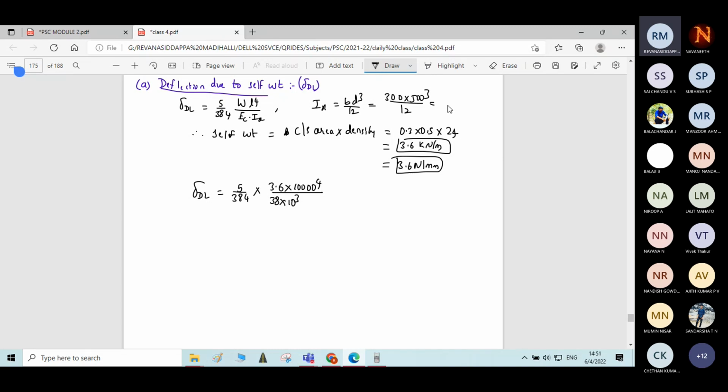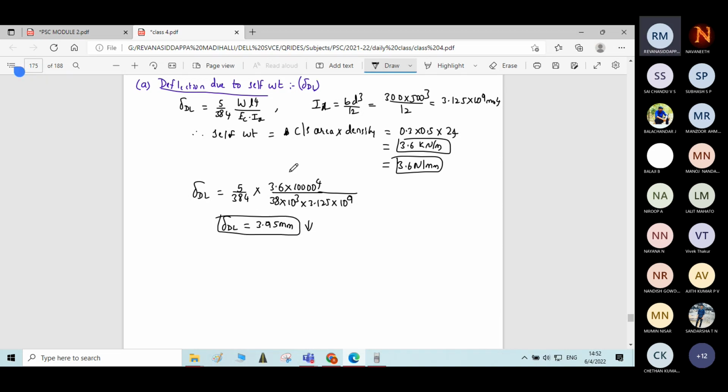If you calculate, you will get 3.125 into 10 power 9 mm4. Therefore, deflection due to dead load, if we calculate, the answer will be 3.95 mm. Plus sign indicates deflection is in downward direction.